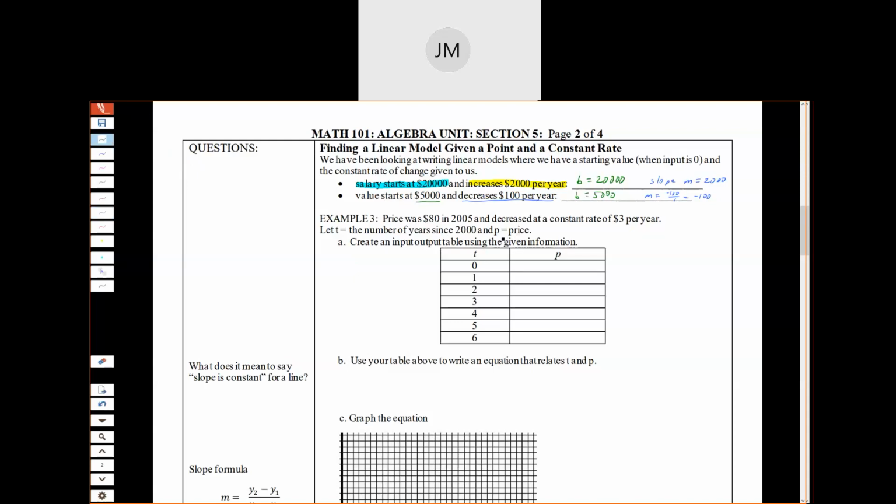One thing that you could do that you don't have to do is look at what that means for the year. So when T is 0, the year is 2000. So when my T goes up by 1, my year goes up by 1.